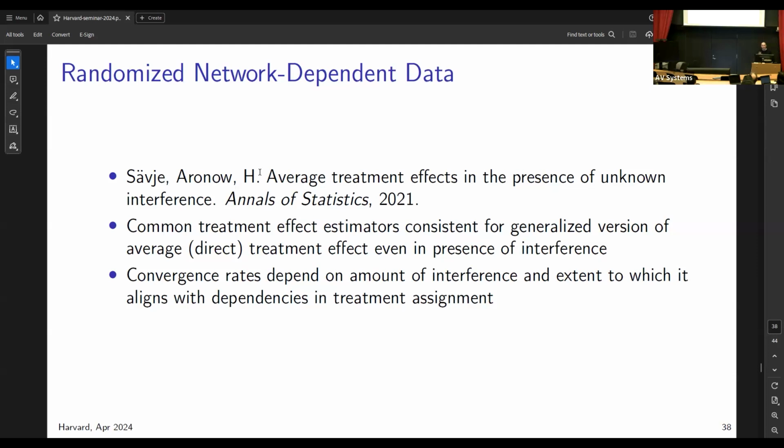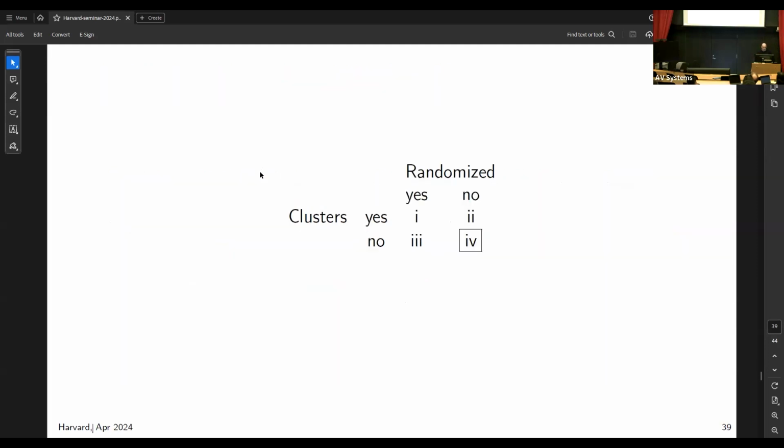You can still interpret your results as estimating a direct effect, even in the presence of interference in a randomized experiment. What's nice about this paper is that we really don't assume you know much of anything about the interference structure, except maybe some summary statistics, like the number of ones in that interference matrix. But that's it. We make no other assumptions about the interference structure.